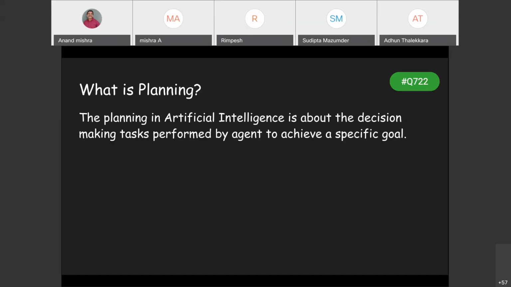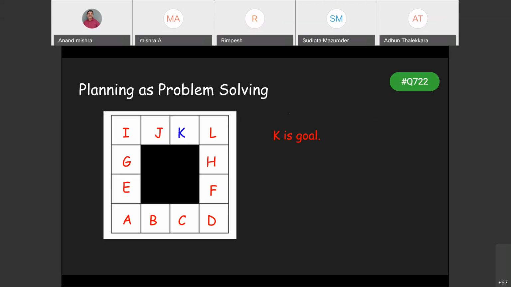So let's look into the example of planning as problem solving. Okay, so what I mean is we have this problem, let's say, where a robot is moving in certain rooms, right? So these are different rooms. A is one room, B is another room, and so on. There is a K room, where K stands for kitchen.